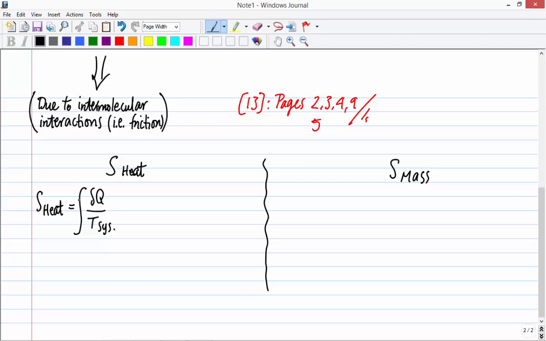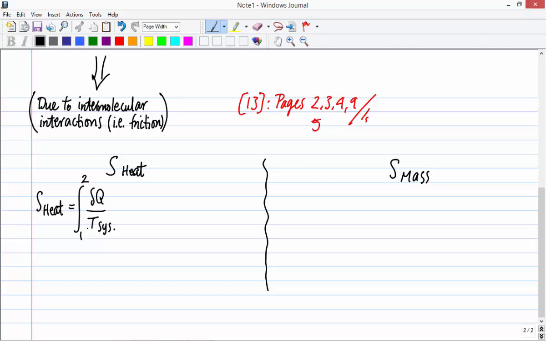Then we solve the integral from the initial state, let's say point 1 to point 2, and the whole entropy can be calculated. Or we can assume that if the process is isothermal, it means that through the process from point 1 to point 2 the temperature does not change.